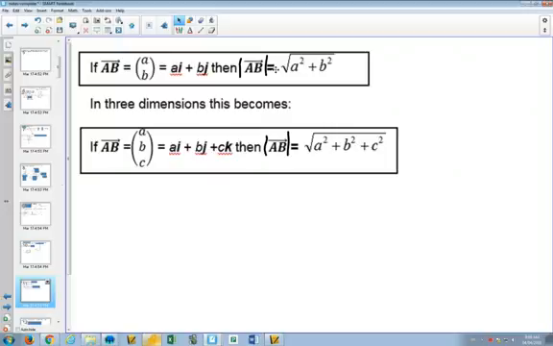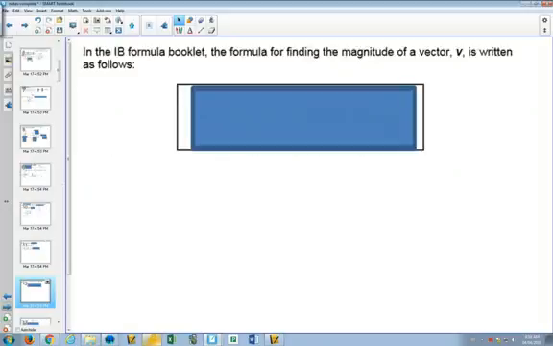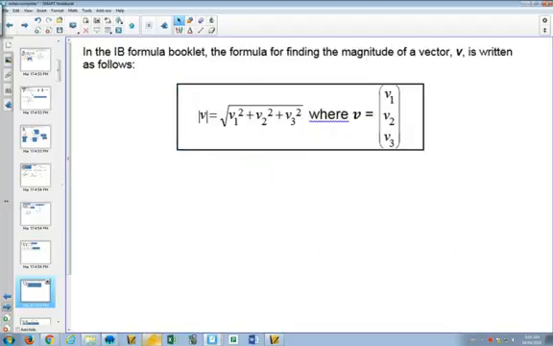And you need to fill this out in pen. And this is what it looks like in your formula booklet.